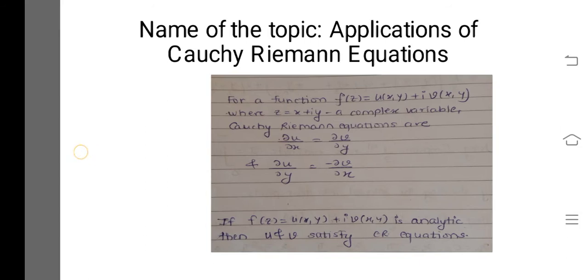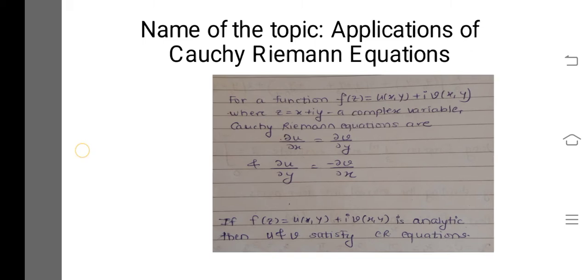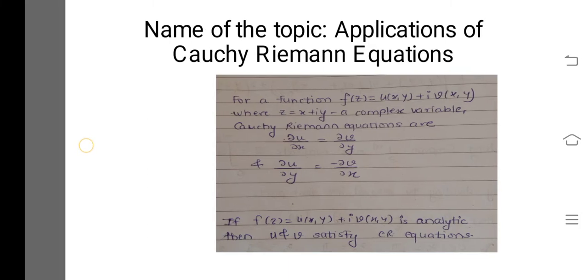For a function f(z) equal to u(x,y) plus i v(x,y), where z equal to x plus iy is a complex variable, Cauchy-Riemann equations are given by ∂u/∂x equal to ∂v/∂y and ∂u/∂y equal to minus of ∂v/∂x.